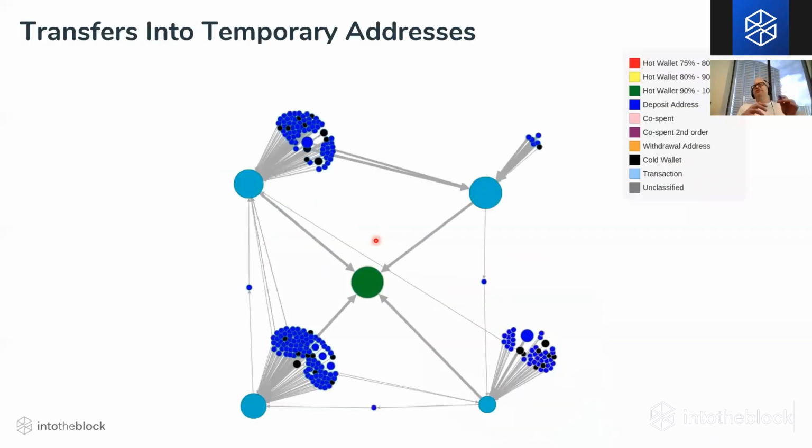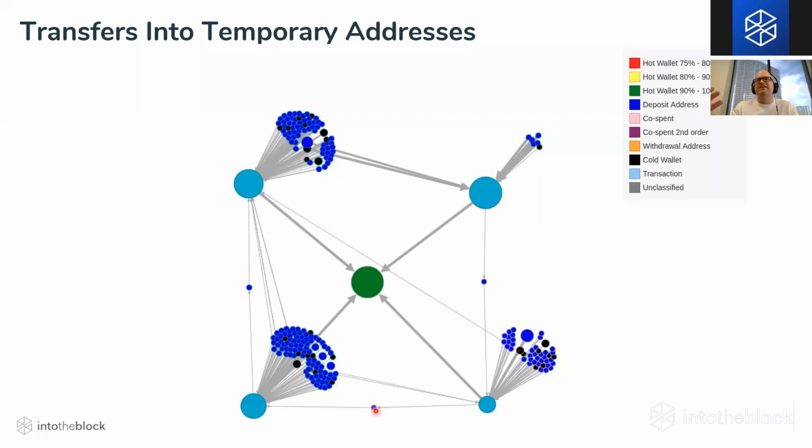And then there is another one that we discovered in some exchanges, like Binance, for instance, in which the transfers do not go into the hot wallet directly, but into a temporary address. Look at the deposit addresses, grouped as a transaction, but instead of going to the hot wallet, they go into a temporary address.